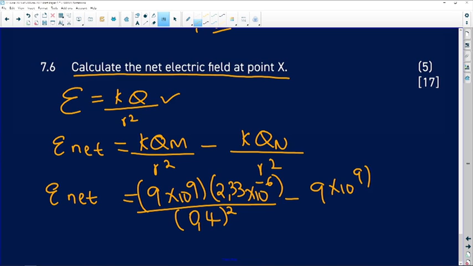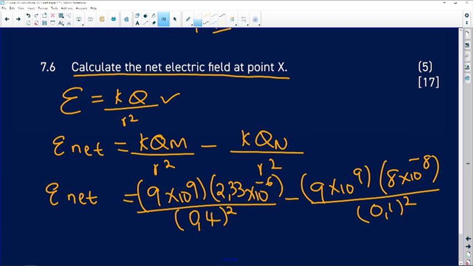Do we know the charge of N? The charge of N was given to us before as 8 times 10 to the power negative 8. Then the distance from N to X is 0,1, which was given to us, squared.